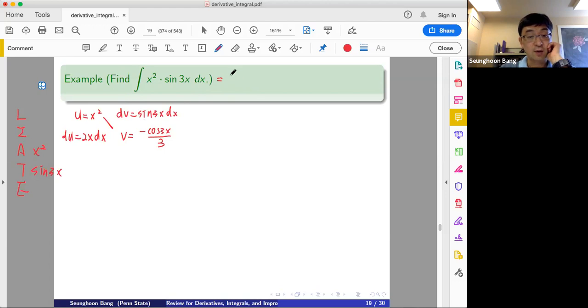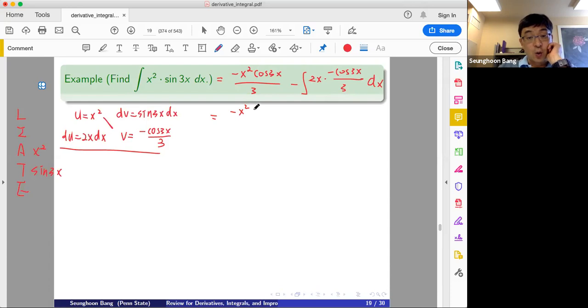So we have negative x squared cosine 3x over 3, minus the integral of v times du. v times du is 2x times negative cosine 3x over 3 dx.